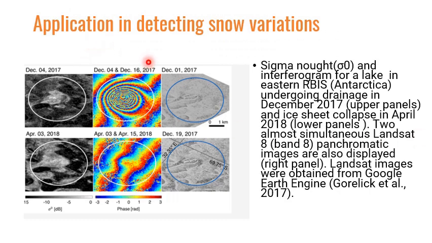Here is the application of snow variation. When we want to detect the snow variation, we use the interferogram that I already showed you how to create from one pair of images. So for example, in this case, they use the first image in December 2017, and the second image is March, April 2018.